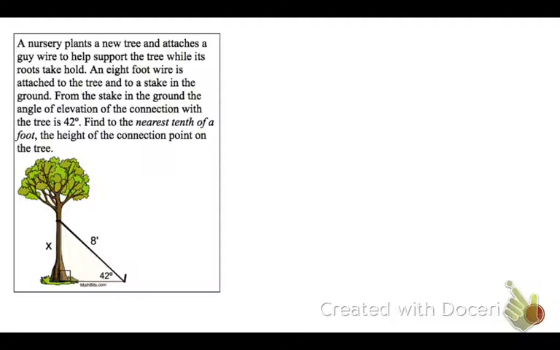You want to know the side that's opposite, and you know the hypotenuse. So you think opposite and hypotenuse, which is sine. So you can write an equation. The sine of 42 degrees equals opposite, which is some length x, over 8.